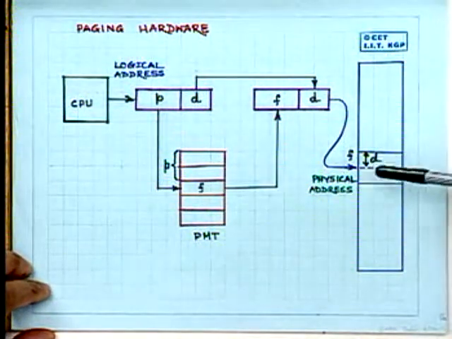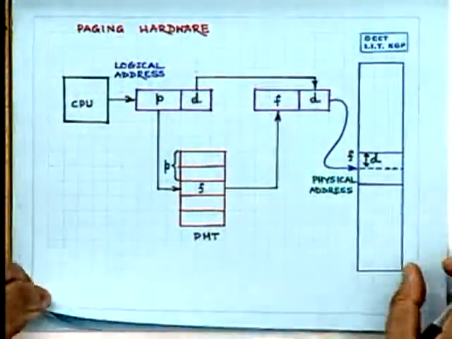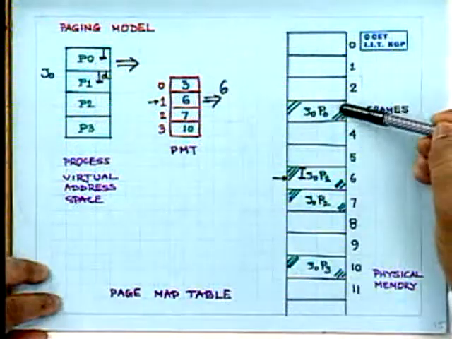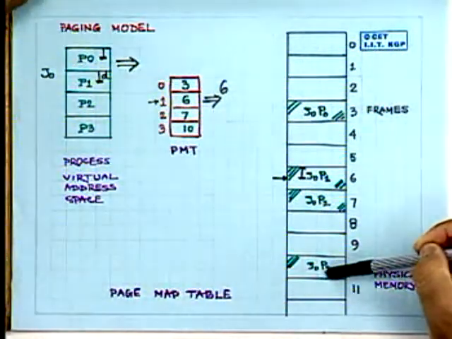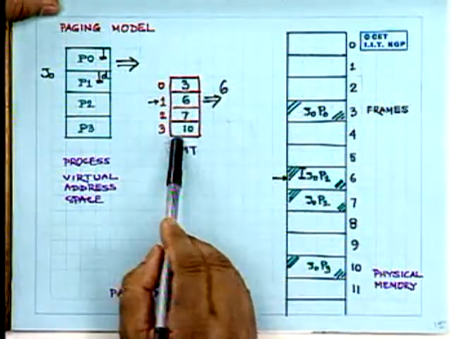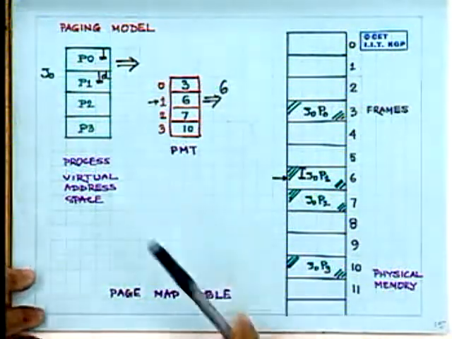The information needed, therefore, while the virtual address is divided and loaded into different frames, is that the page map table has to be loaded with the corresponding frames. Okay. Now that is quite fine.